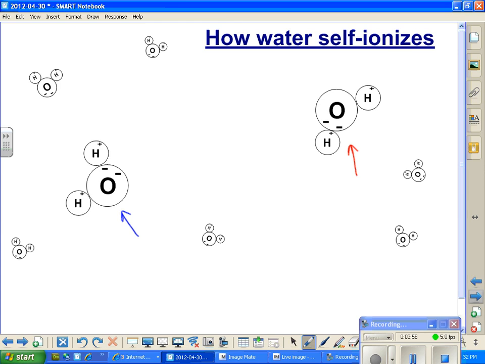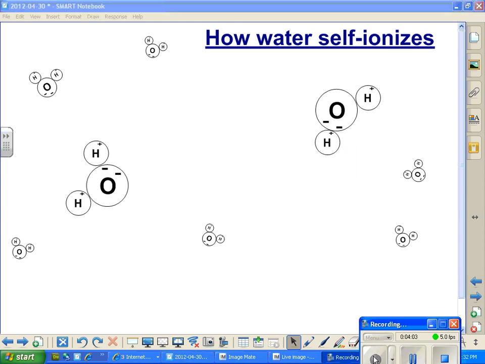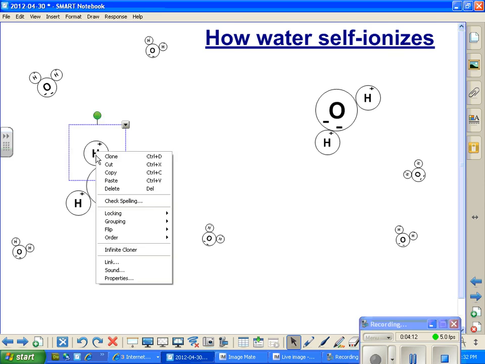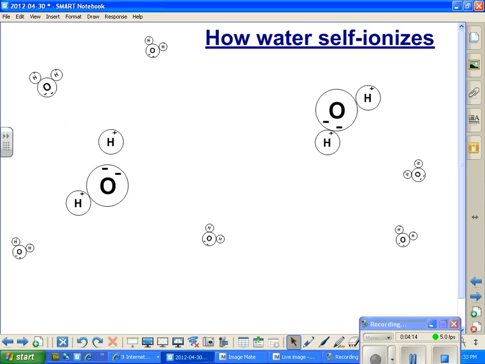And what I'm going to do is get rid of the arrows now, so I can go ahead and manipulate them. Remember, the guy in the lower left is the acid. Okay, so the acid is the proton donor.